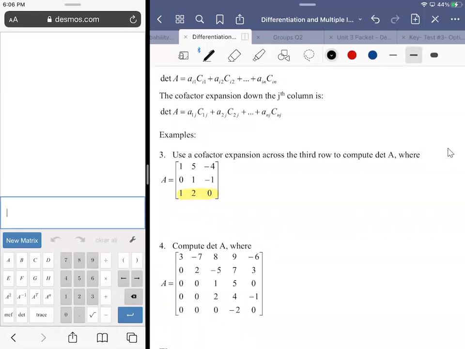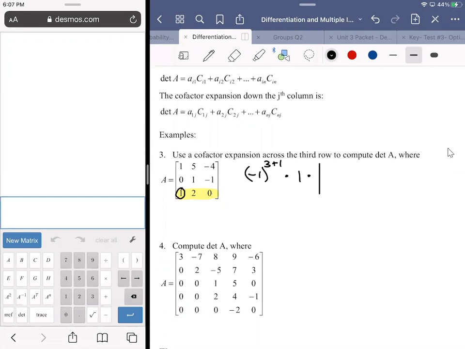So -1 raised to the, we're in row 3, so we're going to assume 3 plus 1 is my exponent, right, multiplied by the entry in row 3, column 1, which is 1, multiplied by the determinant of the entries that remain when I eliminate row 3 and column 1.